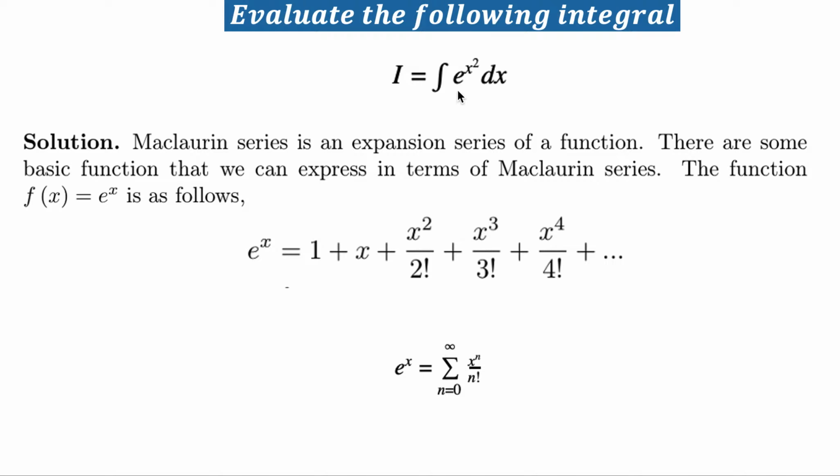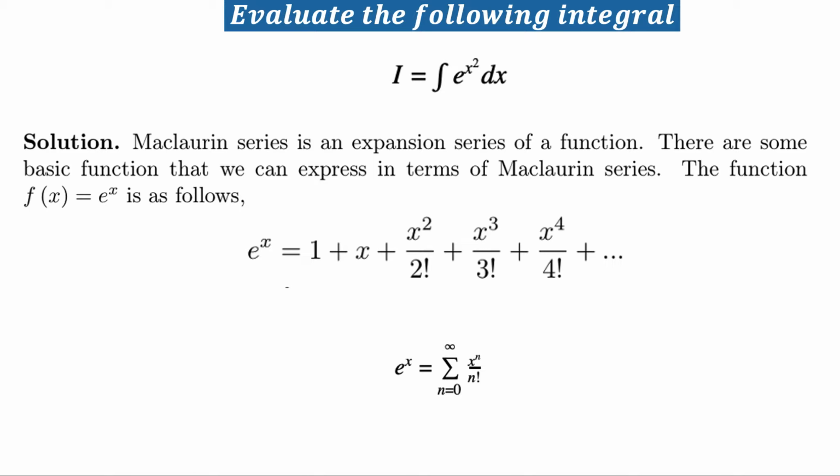If we have, for example, the function e^(x squared), then if we have x squared instead of x, times 2 here is going to be x^4 over 2 factorial. And x squared times 3 is x^6 over 3 factorial. And x squared times 4 is x^8 over 4 factorial.